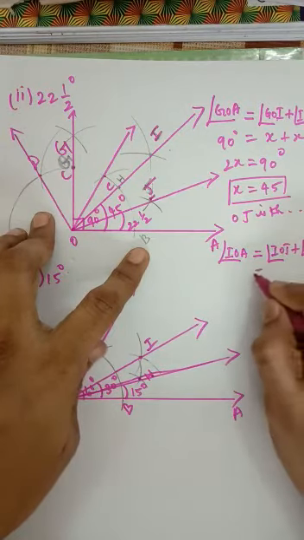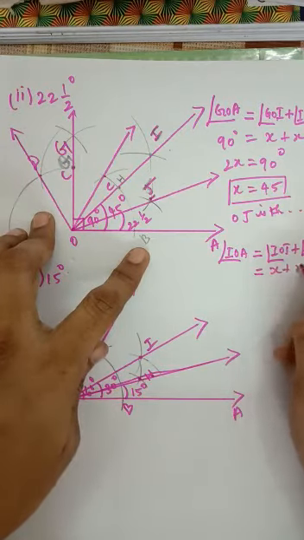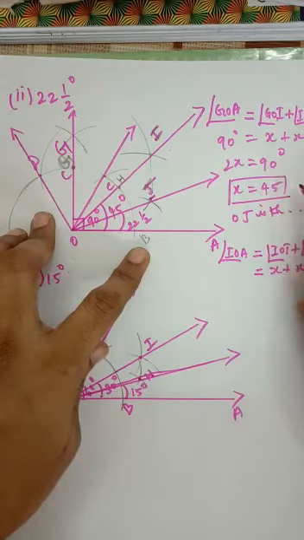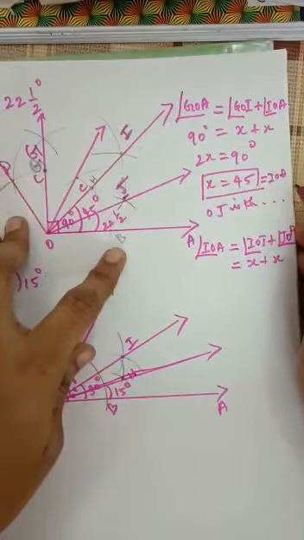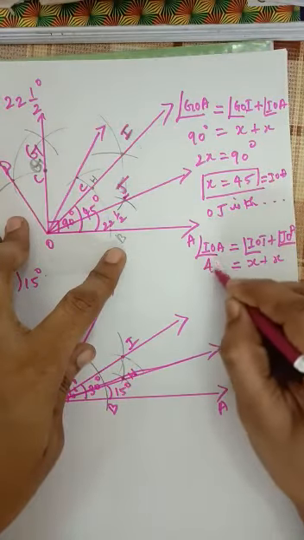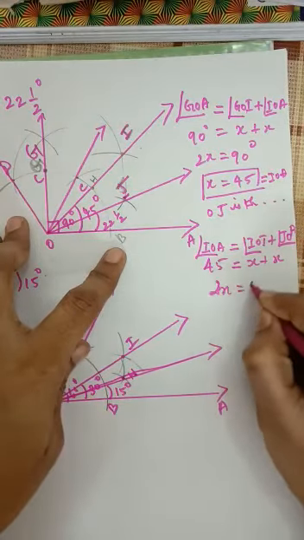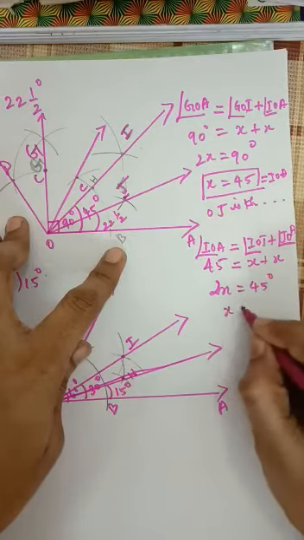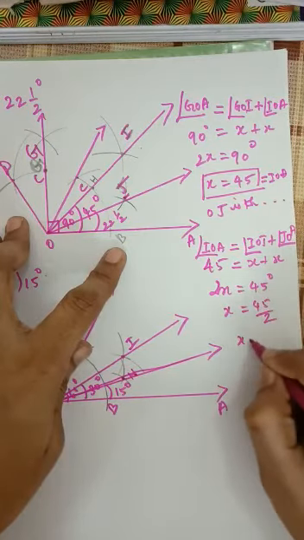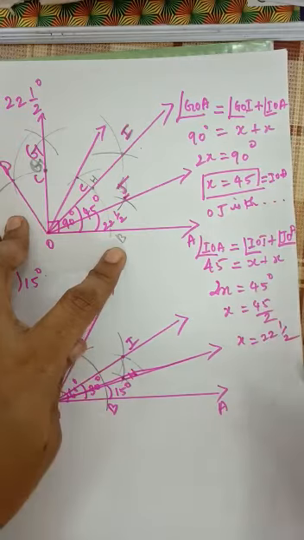Okay, so both are equal because of the bisector, so x plus x. Angle IOA is equal to 45 degree. So 2x is equal to 45 degree, so x is equal to 45 by 2, x is equal to 22 and a half. This way you have to write.